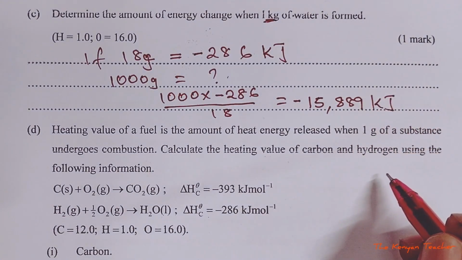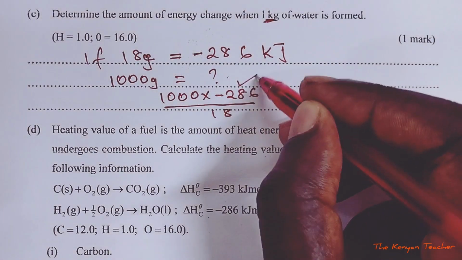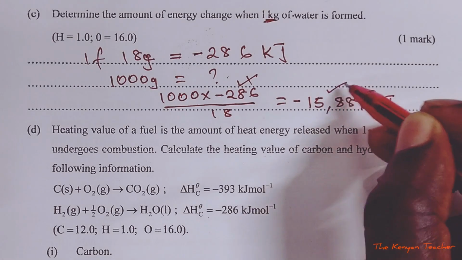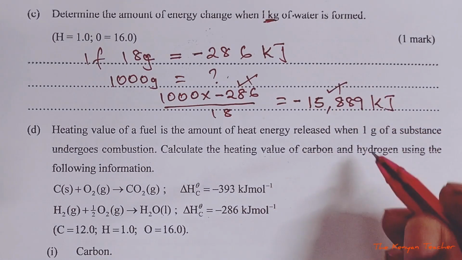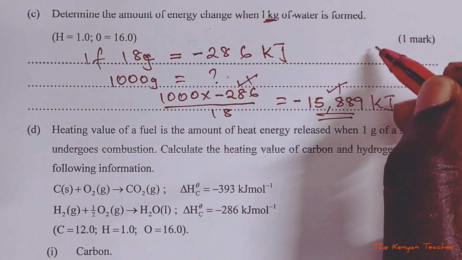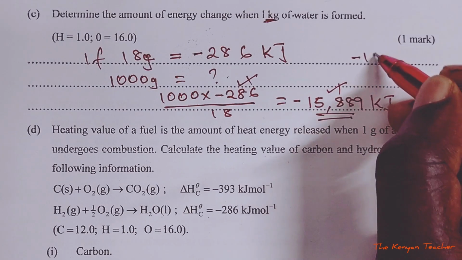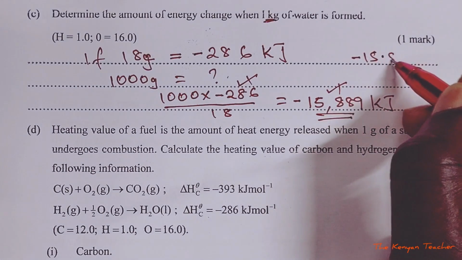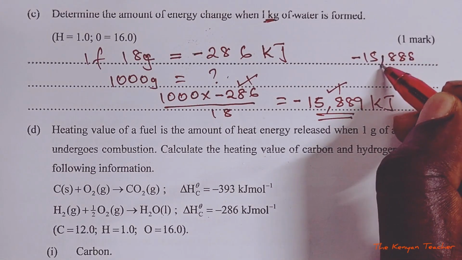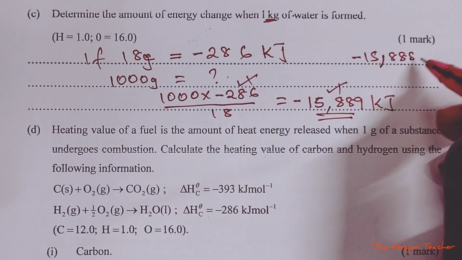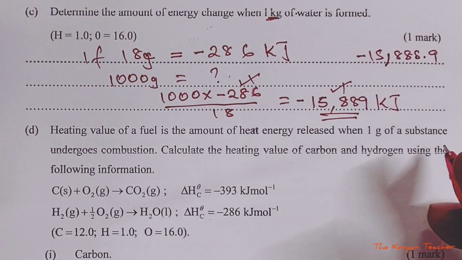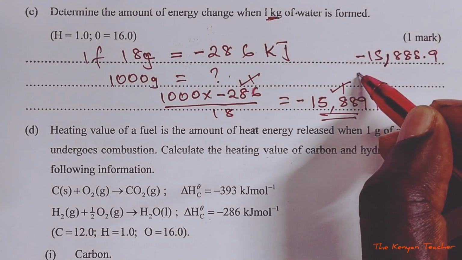Now, it is 1 mark, so a half for the cross multiplication and division, and a half for the answer. Now, other than this value, if your calculator gives negative 15,888.9 kilojoules, that would also qualify to be a correct answer.